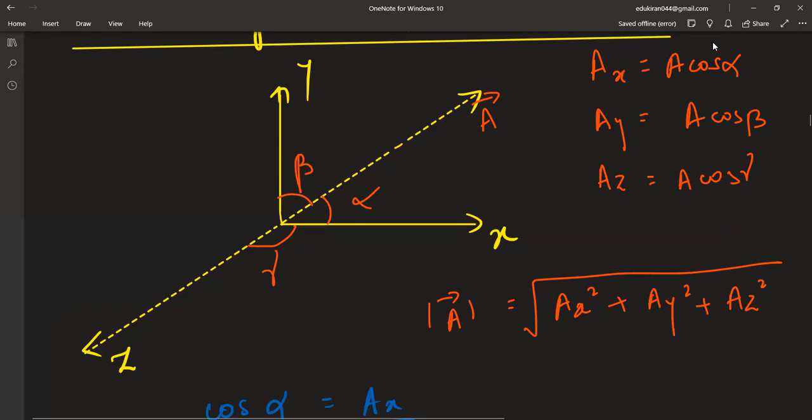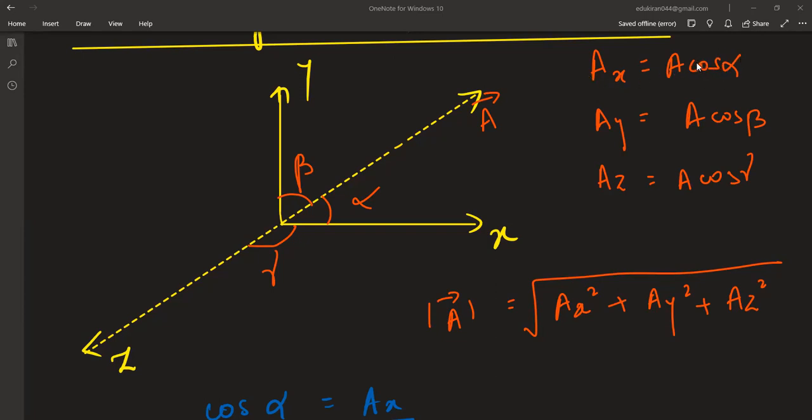Now, what is the value of cos alpha from here? Yes, Sarah, how will you write the value of cos alpha from this equation? Ax is equal to A cos alpha.